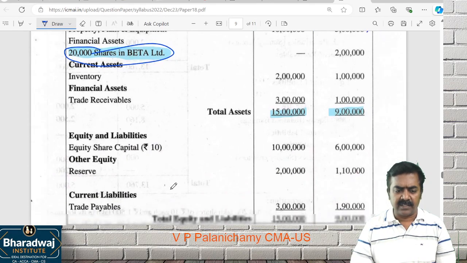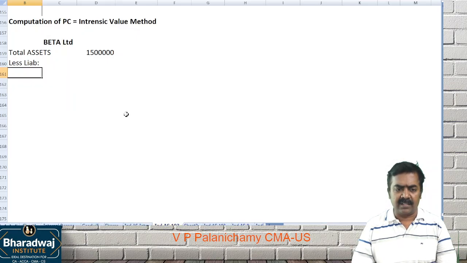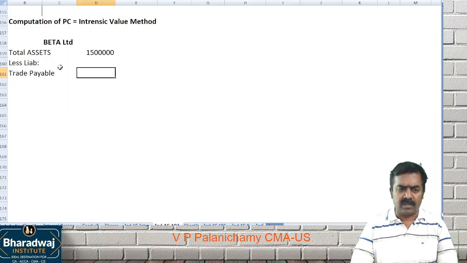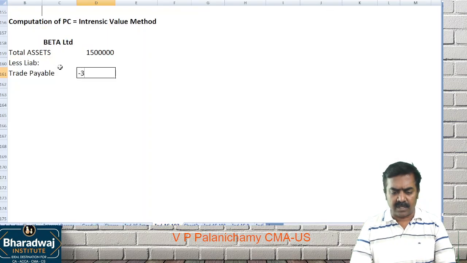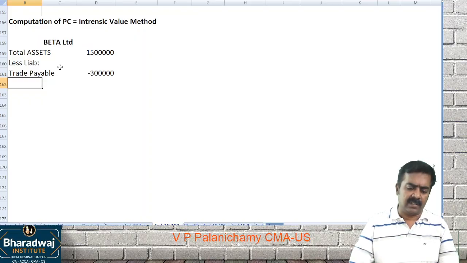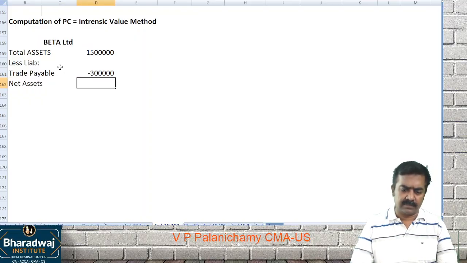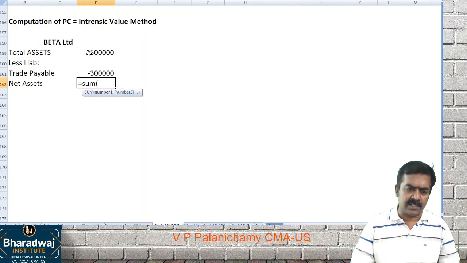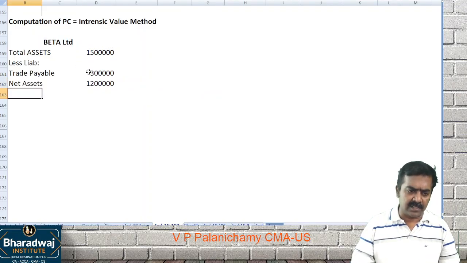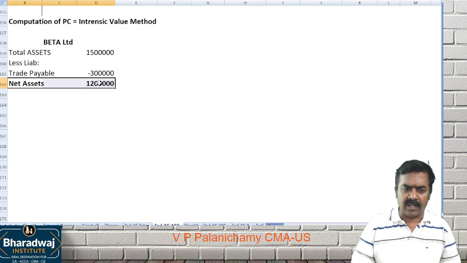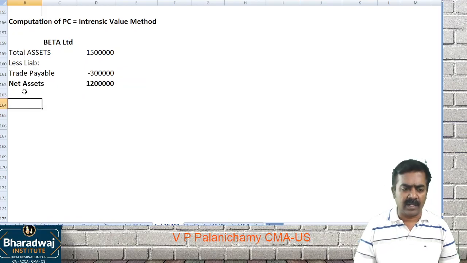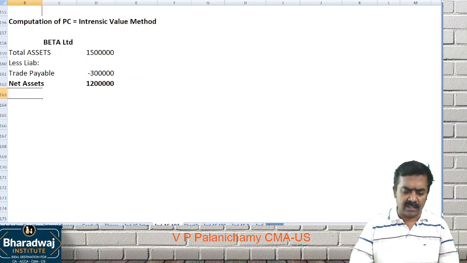What are the liabilities? Only one current liability, trade payable, which is 3 lakh. Net assets: 15 lakh minus 3 lakh is 12 lakh.